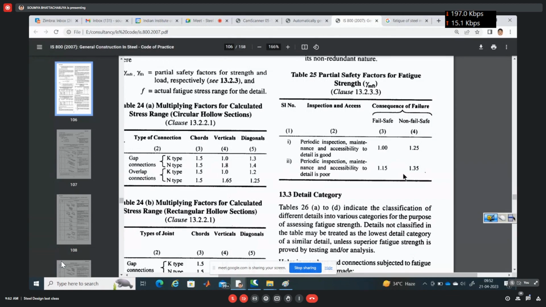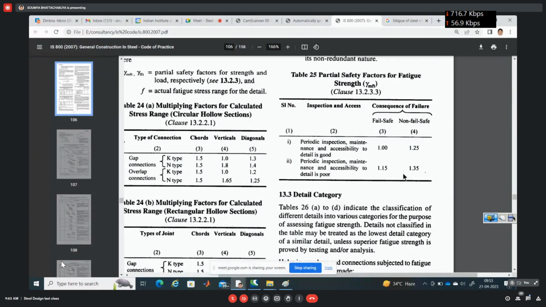Fail safe means even if 2-3 intermediate welds of very high stress zone fail or start with fatigue cracks, still your entire gantry girder will not fail, because it will show some vibration whenever the fatigue cracks originate from the intermediate weld. Then you will see there are large noises on the crane and vibration.